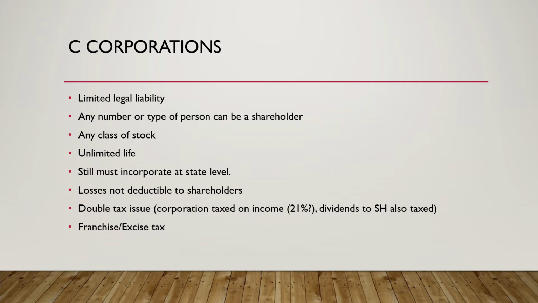We do have this double tax issue. Corporations don't have a double tax problem, but there's a double tax issue there. Let's just say a corporation makes $100,000 in profit. It will have to pay tax on that money, deduct that tax from its profit, and then it will have the remainder to distribute as dividends to its shareholders.